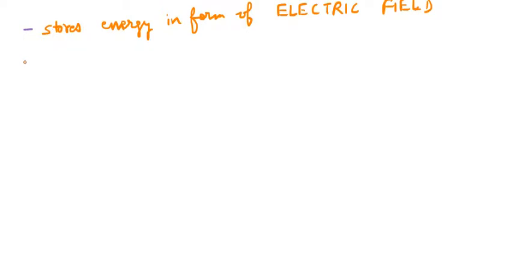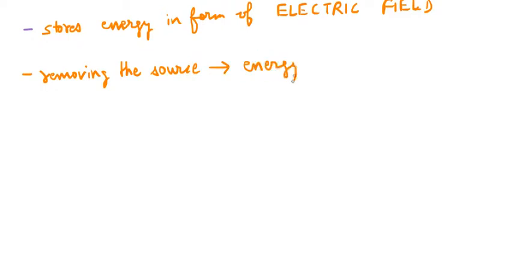That's why when we remove the source, energy is retained in the capacitor, while an inductor cannot retain energy.